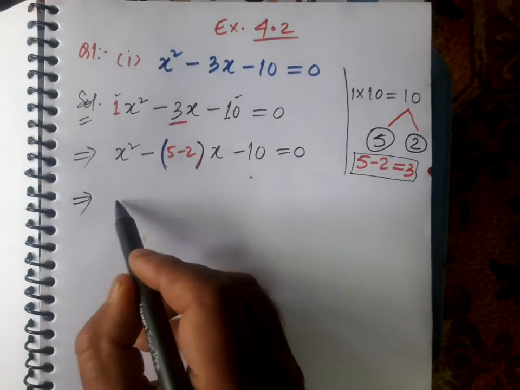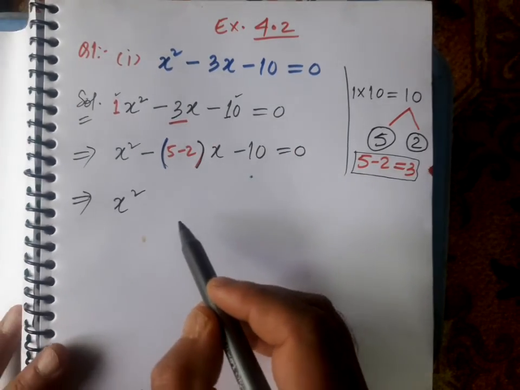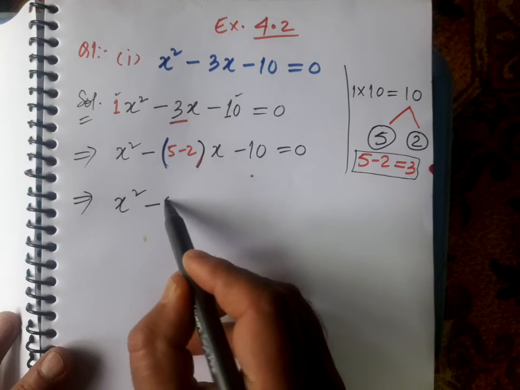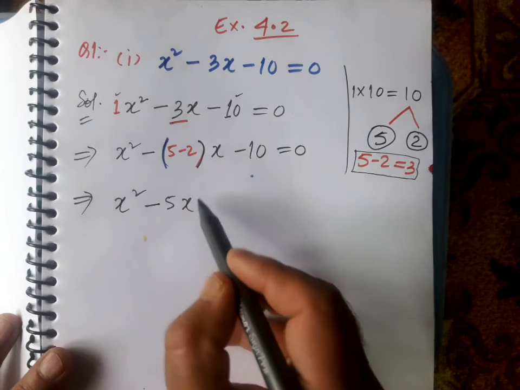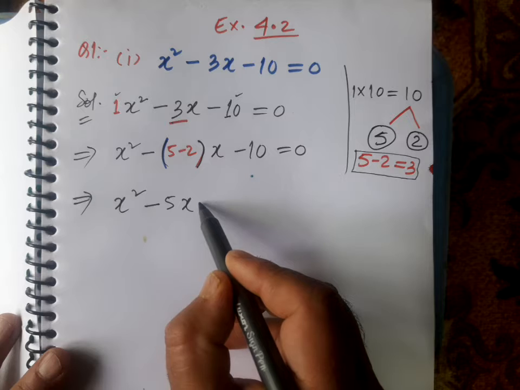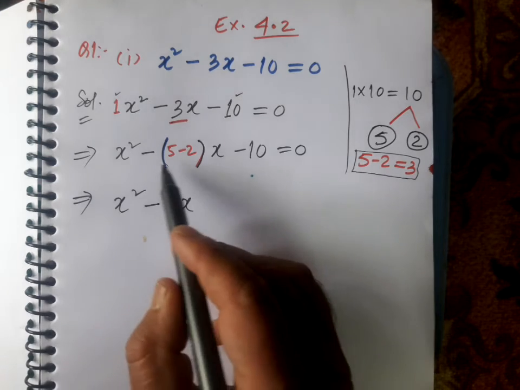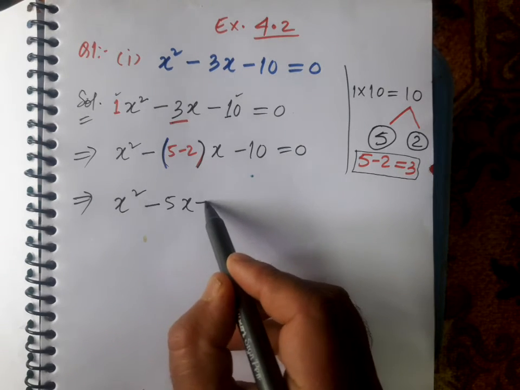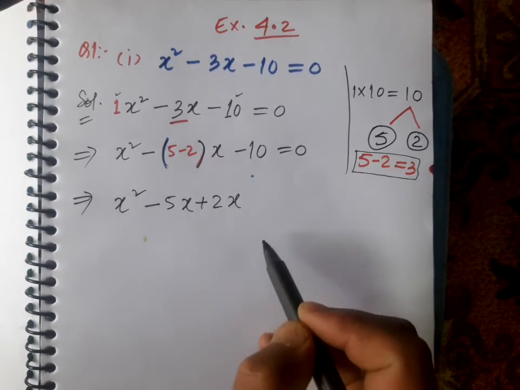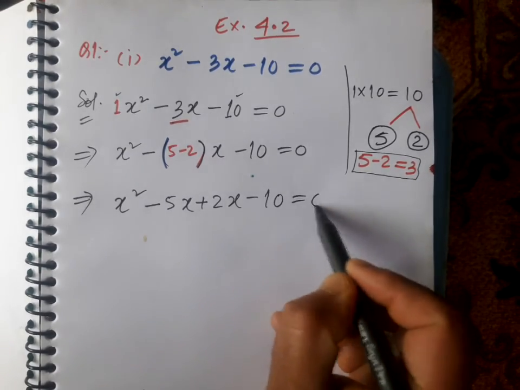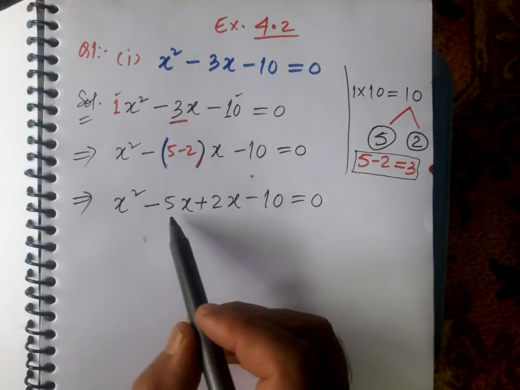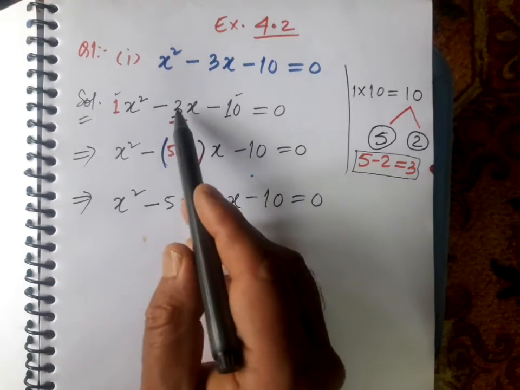This implies x squared minus 5x plus 2x minus 10 equal to 0. The middle term got split into two terms, that is, minus 5x plus 2x means minus 3x again.